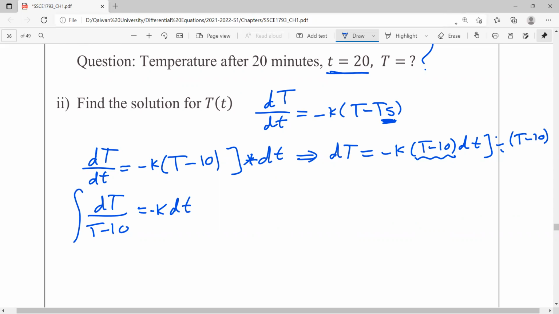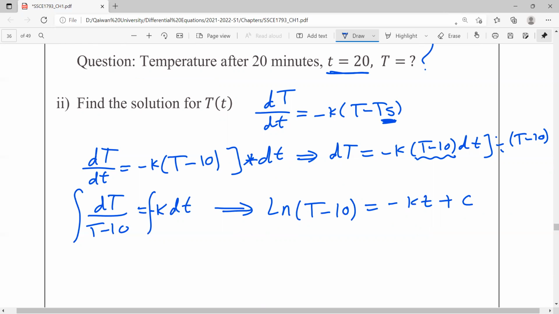Now we take integration for both sides. The left hand side becomes ln of (T minus 10) equals minus kt plus c. Let's say c1, or let's say c. It's okay. It's a constant. You just name it as you want.